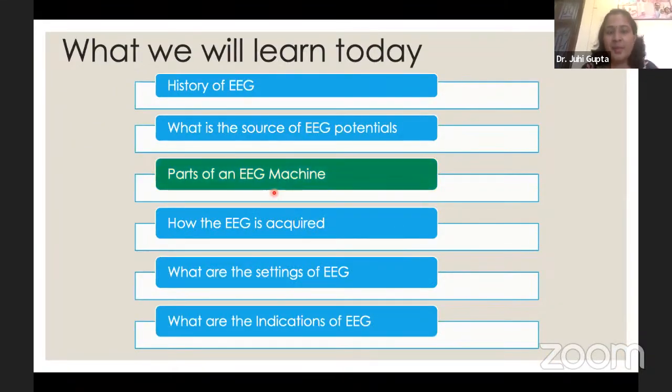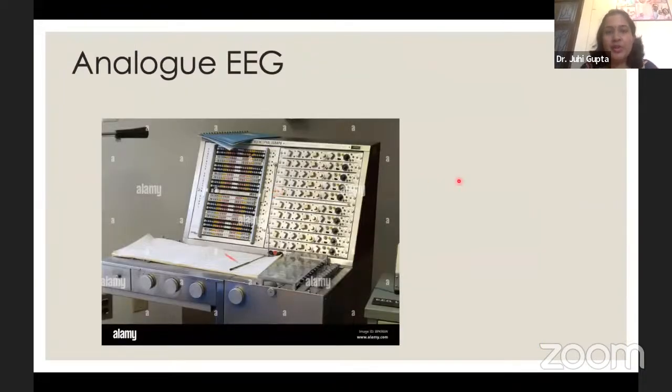So coming to the next part, what are the parts of an EEG machine? Many a time patients walk up to us carrying those large paper-based records. That was the time of analog EEG. This is how an analog EEG machine used to look.